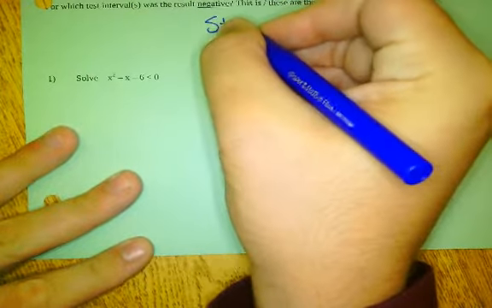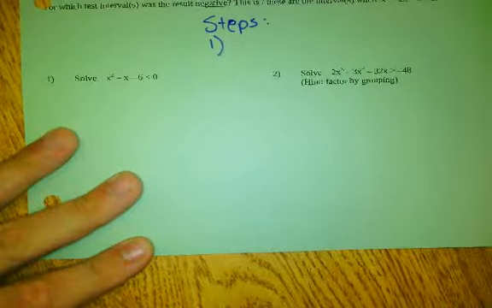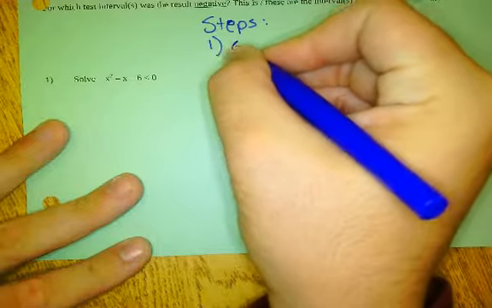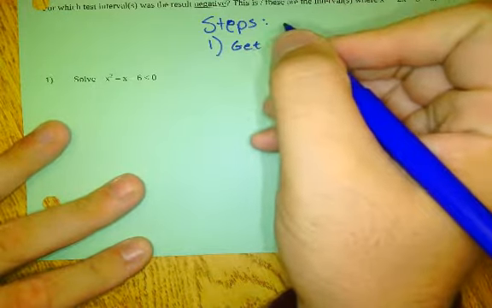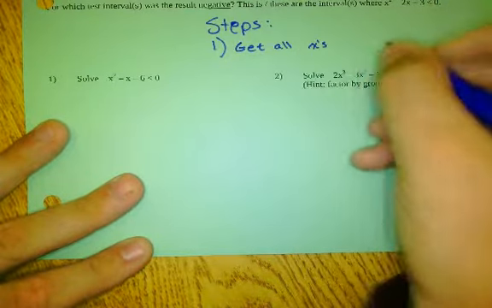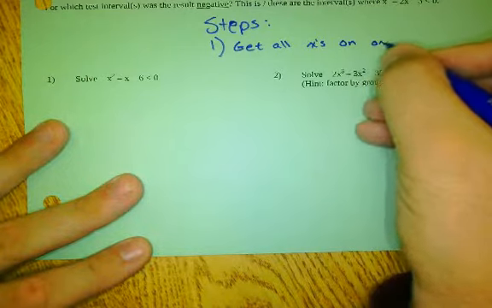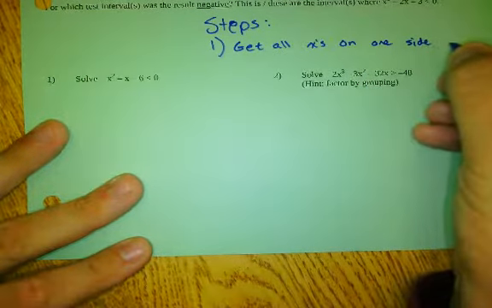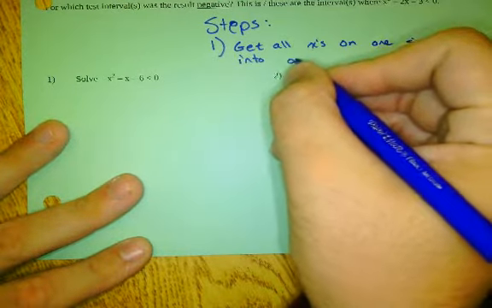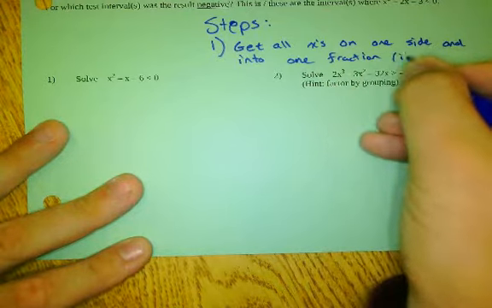So steps. Step one is to get all x's on one side and into one fraction, if possible.